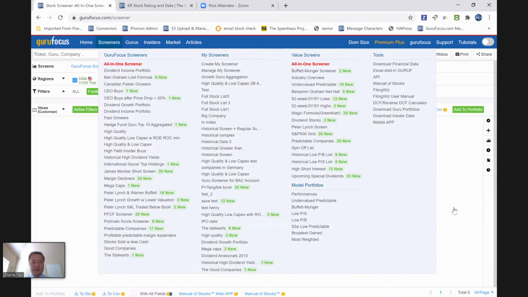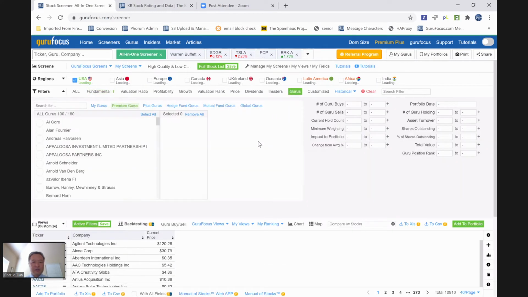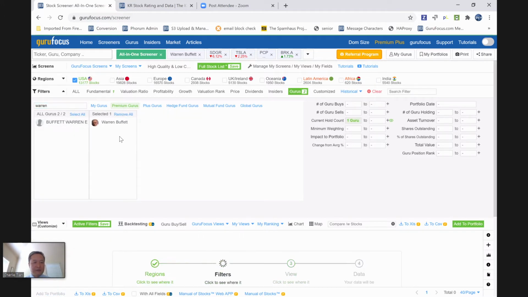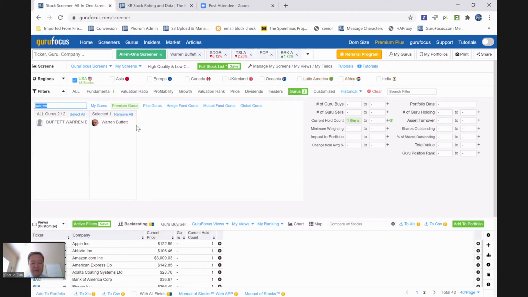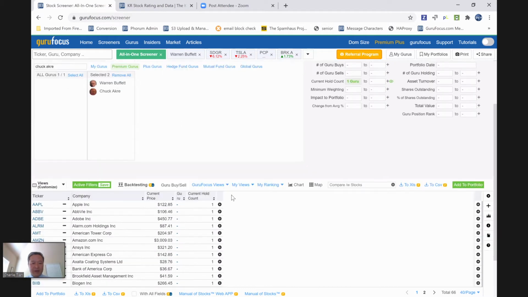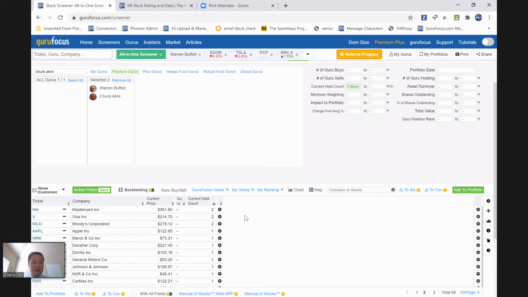If we come to our all-in-one screener, there's a Guru tab here. If I search a few gurus I like, say Warren Buffett again, and then another one I like, Chuck Akre, I got two of them, and now I can sort their common holdings.